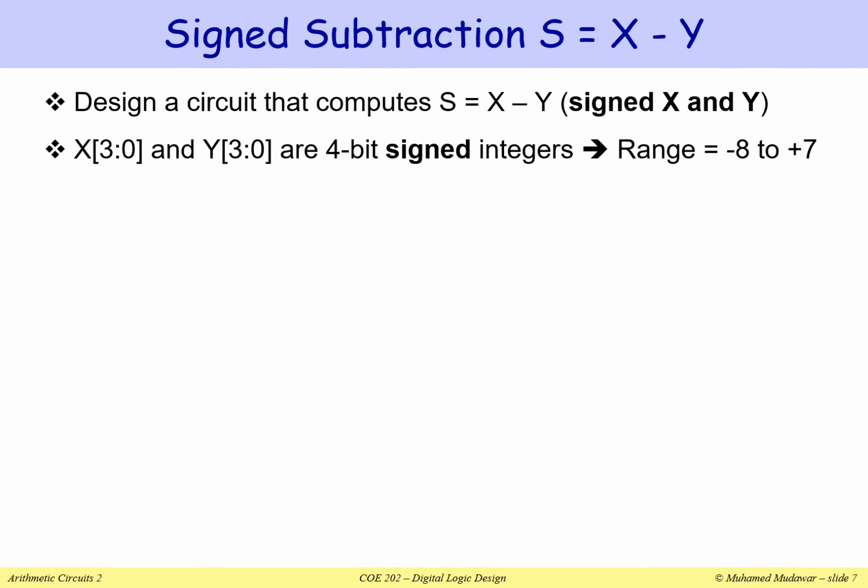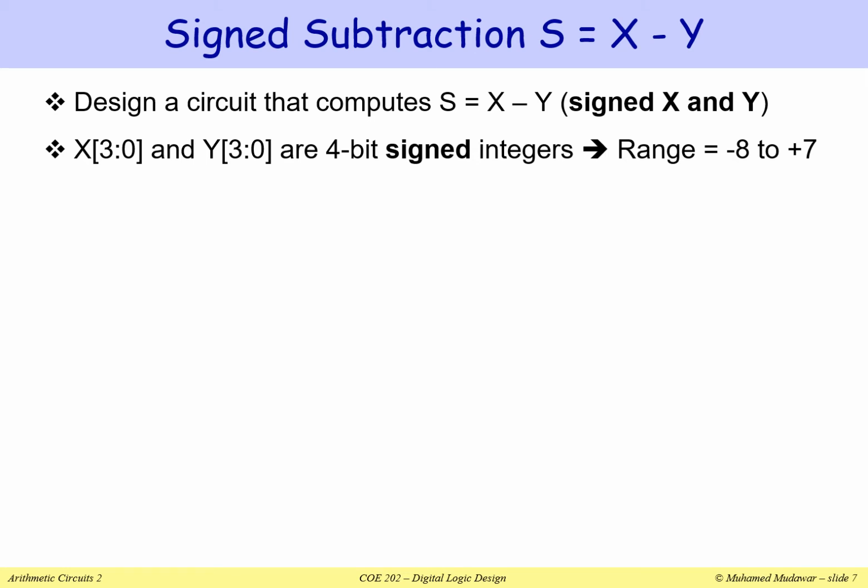If I would like to do signed subtraction, I would like to design a circuit that computes s equal to x minus y, where x and y are signed. The first question that comes to my mind is what is the range for x, y and s? The range for x and y will be from negative 8 to plus 7.